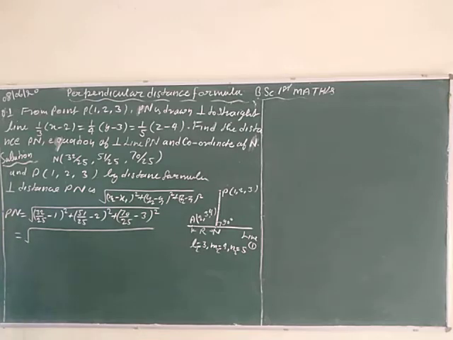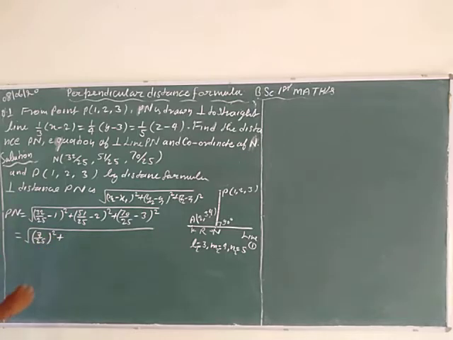32/25 minus 1 is equal to (32 minus 25)/25, which is 7/25, and 2 minus 2 is 0, so (7/25) whole square.